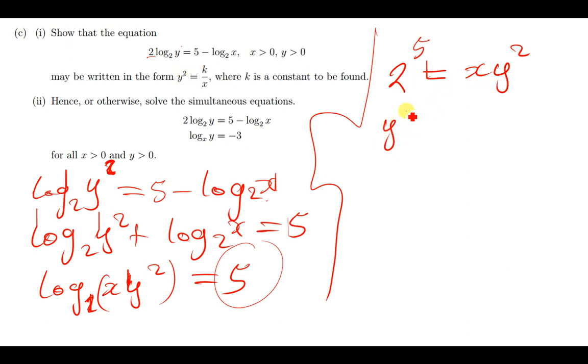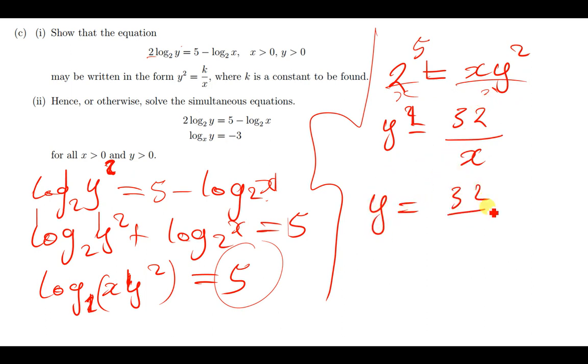So we have y squared is equal to 2 to the power 5, that is 32. So we can write 32 over x. When you divide everything by x, this is just 32 over x. So meaning y squared is equal to 32 over x.